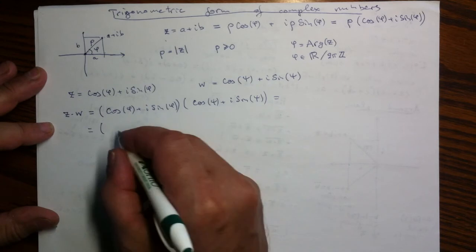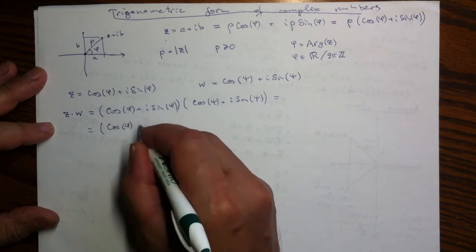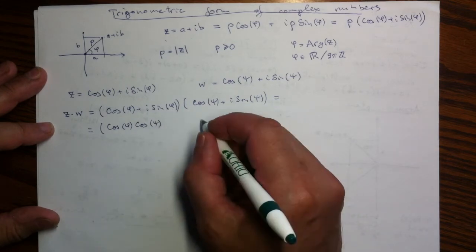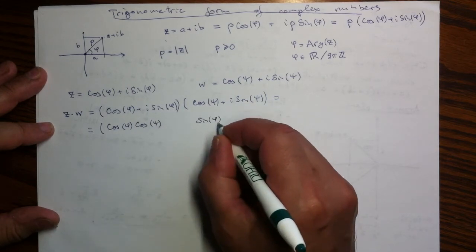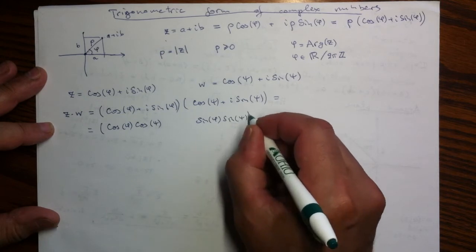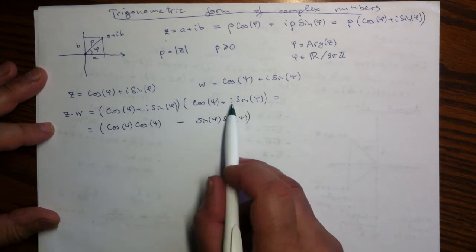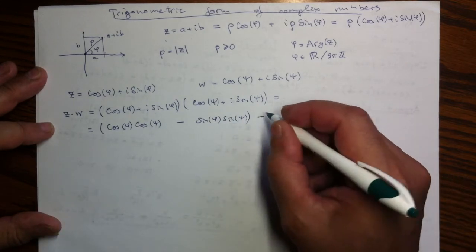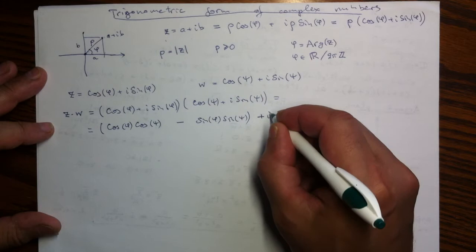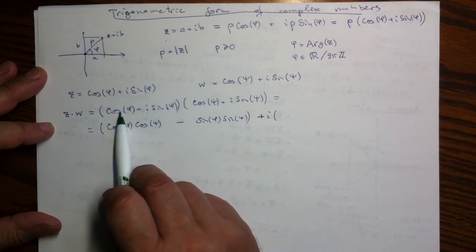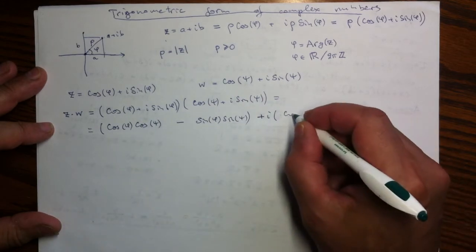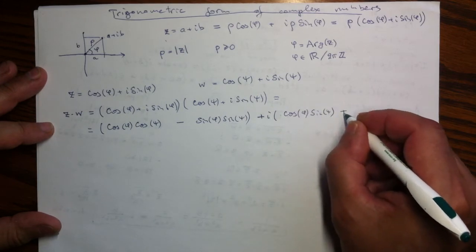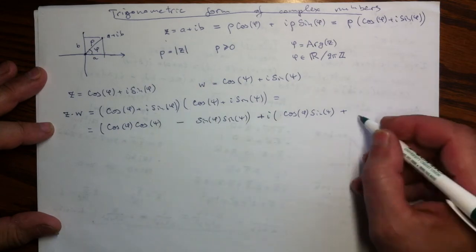Well, I'm just multiplying real parts first, it's cos phi cos psi, and I'm multiplying imaginary parts, sine phi sine psi, but then I'm taking them as minus because the minus sign comes from i squared, and then the imaginary part of the product will be cos of phi and sine of psi, and with plus sine of phi and cos of psi.